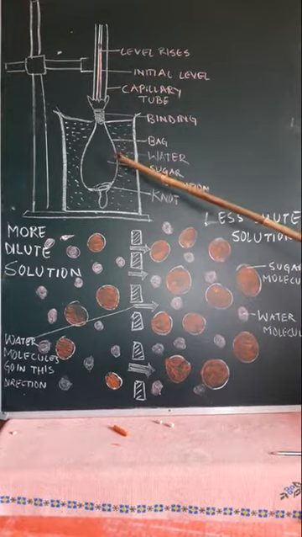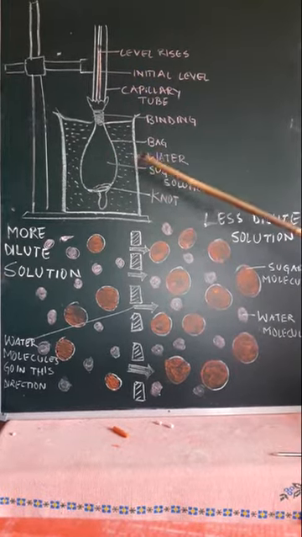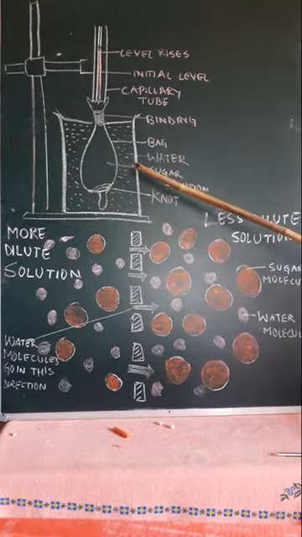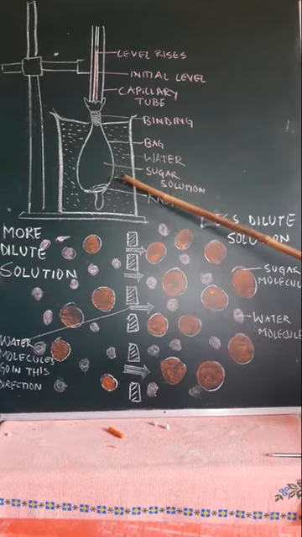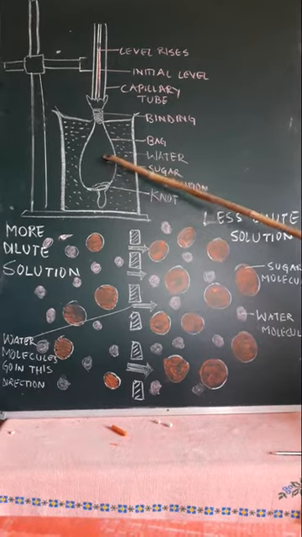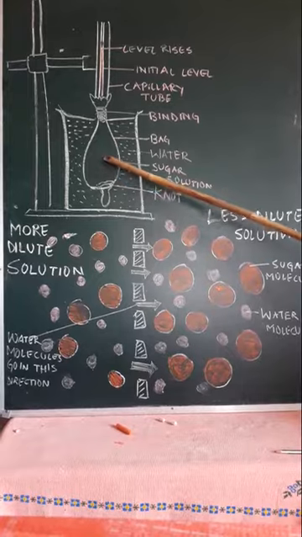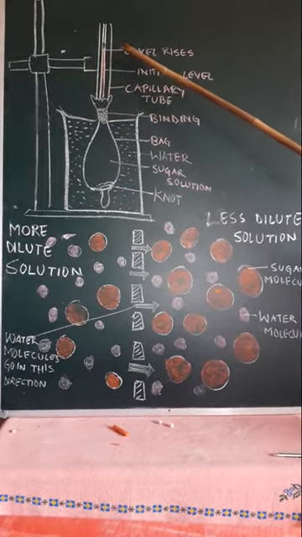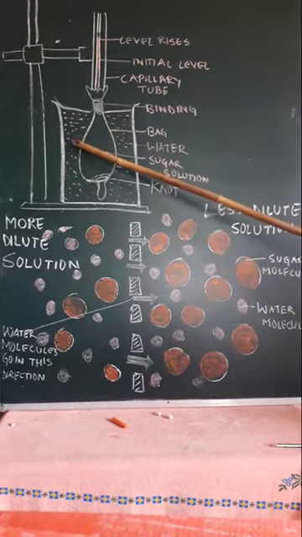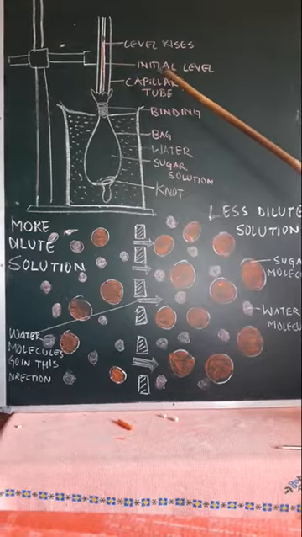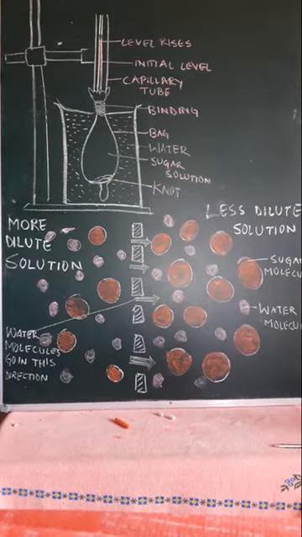After a few hours we can see the rise in sugar level. That means water molecules moved into the whisking bag, which contains the sugar concentration, which is highly concentrated compared to the water. When water molecules enter here, it helps in the rise in sugar level, and the water level comes down in the beaker. So we can say here osmosis is going on.